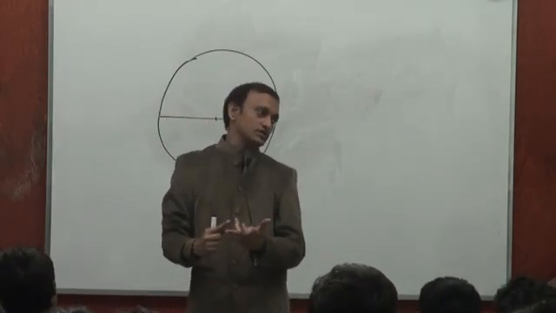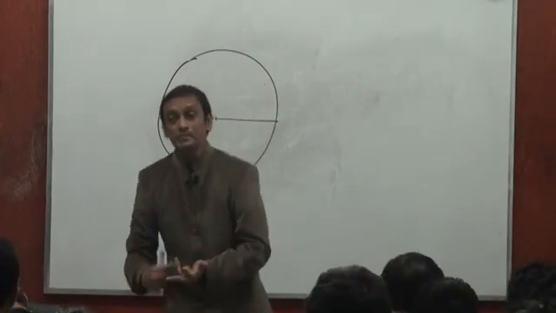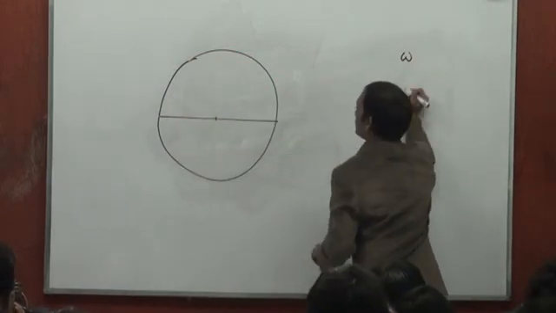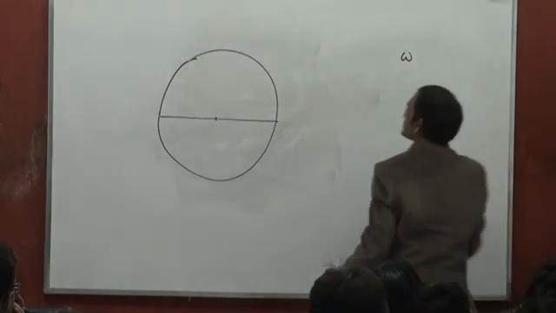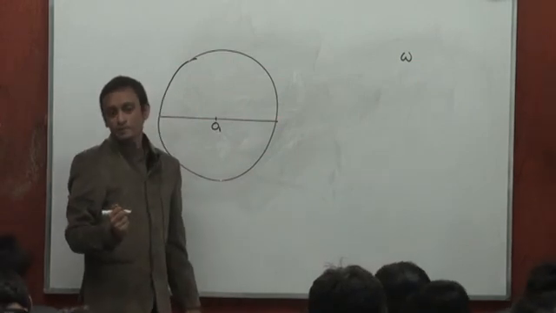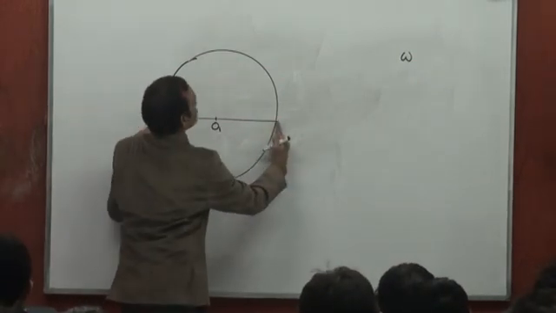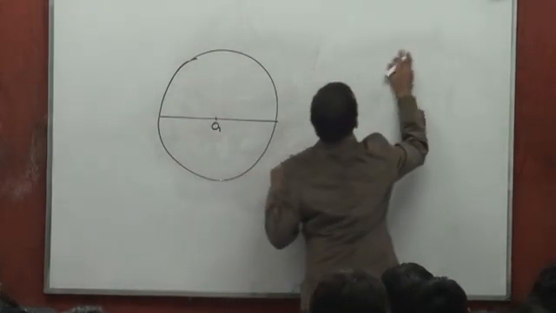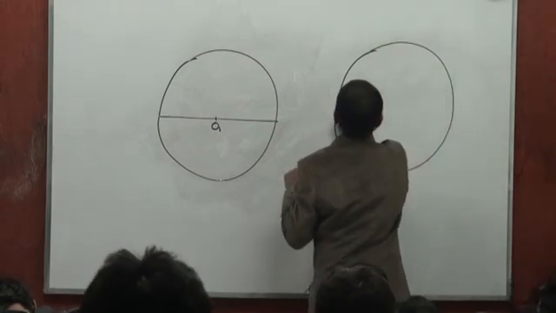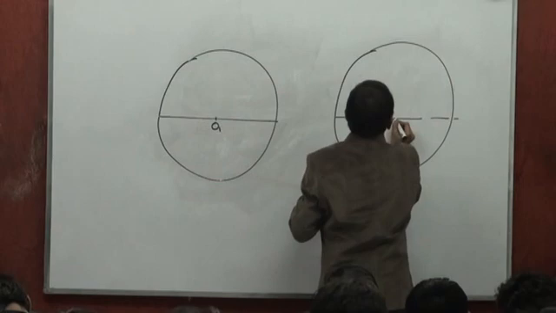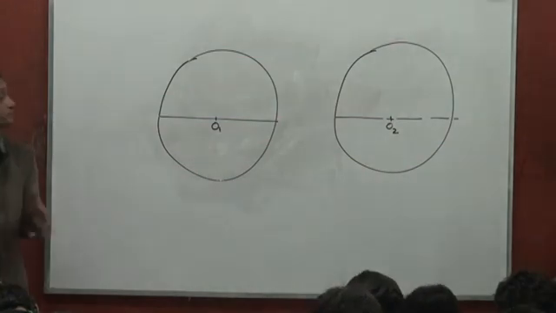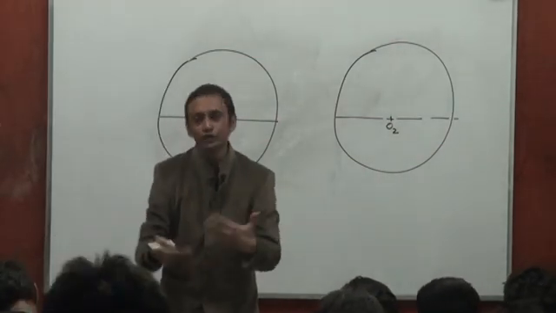Two oscillators executing simple harmonic motion with the same amplitude and the same angular frequency omega. Say this was O1, the center of the mean position of one of the oscillators, oscillating between these two limits. And there was another oscillator executing simple harmonic motion about O2, again with the same amplitude and same angular frequency.